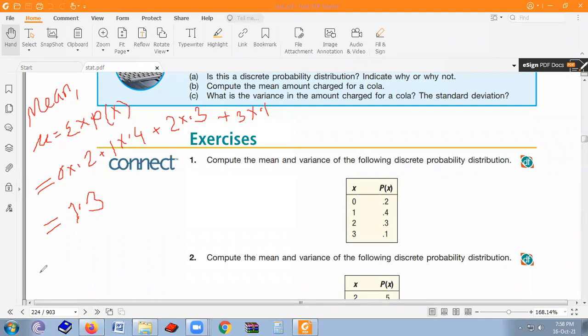Our formula for variance is sigma square equal to the sum of x square into probability of x, minus mu square. You have to remember to subtract this mu square.